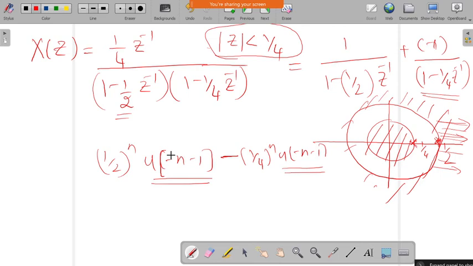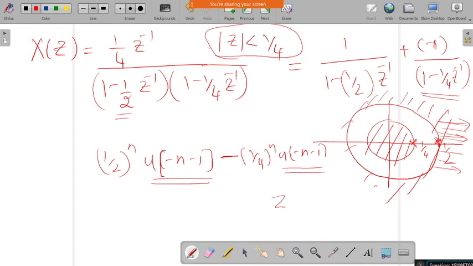Using the properties you should know where to put the left sided sequence and where to put the right sided sequence. Any doubt? Yes, sir.